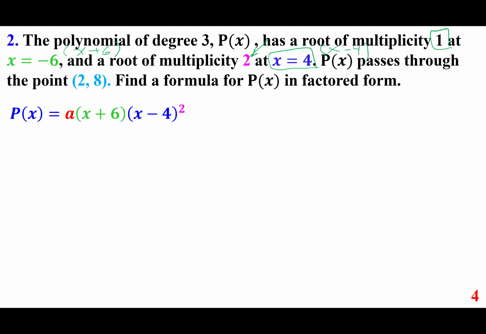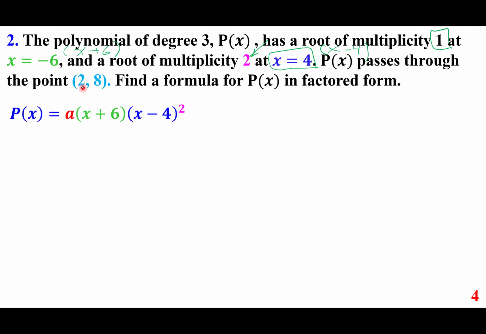So we write P of x equals a, some leading coefficient that we don't have yet, times x plus 6, because the multiplicity is 1 and the exponent is 1, so we don't have to write it, times x minus 4, because the multiplicity is 2, we must write the square.